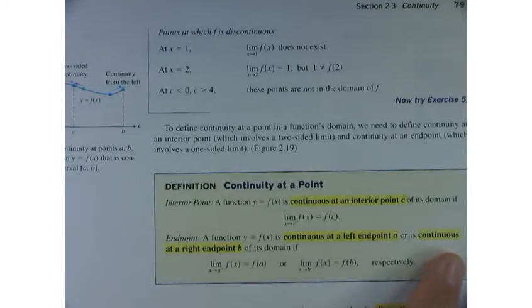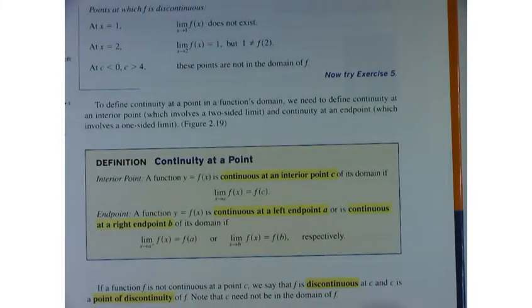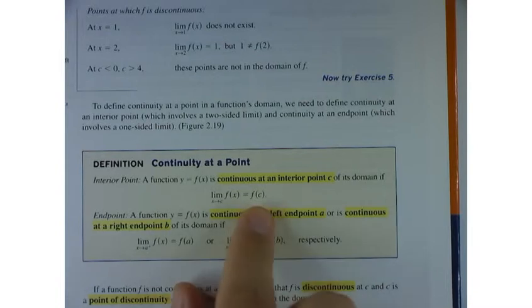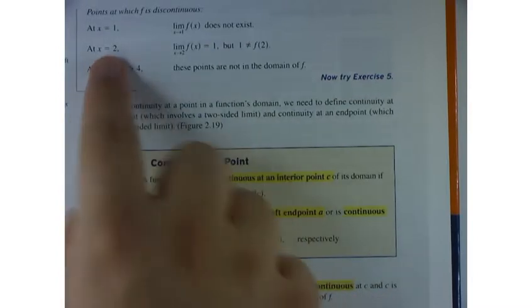So the more formal definition of continuity at a point: a function y equals f of x is continuous at an interior point c of its domain so long as we're able to take the limit of f of x as x approaches c, and that gives us the value f of c. That was our problem here.